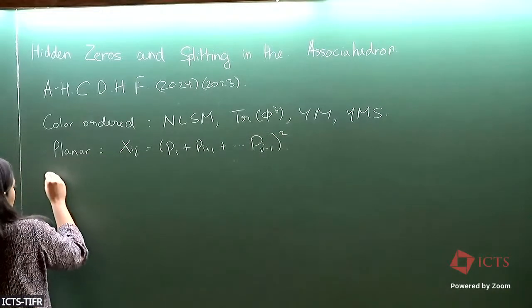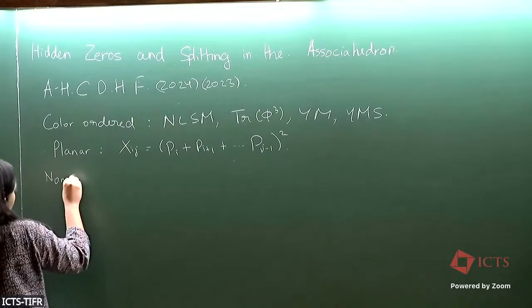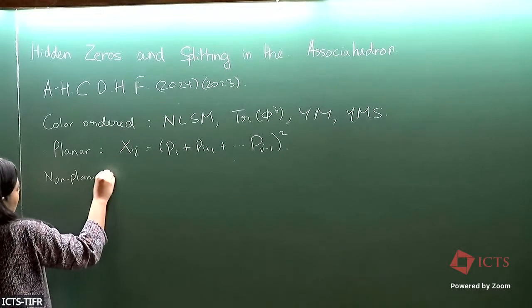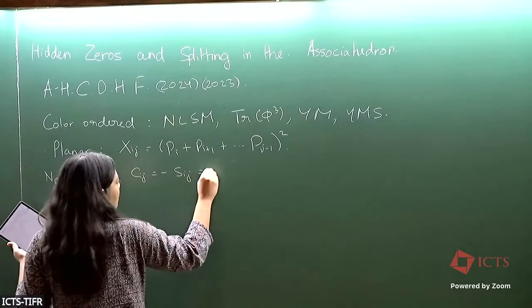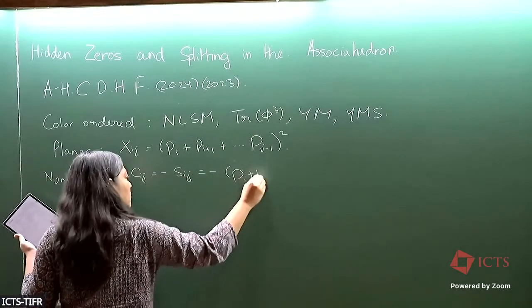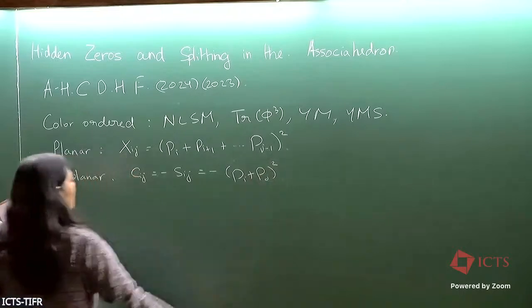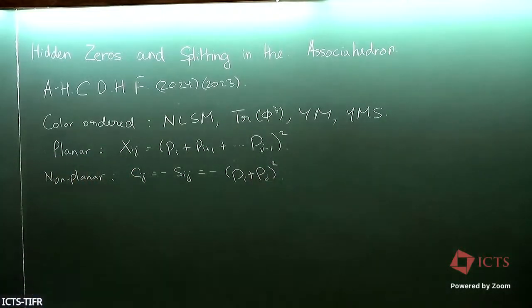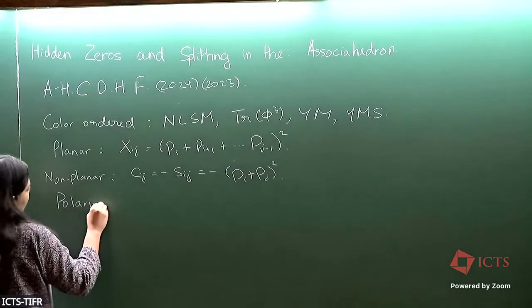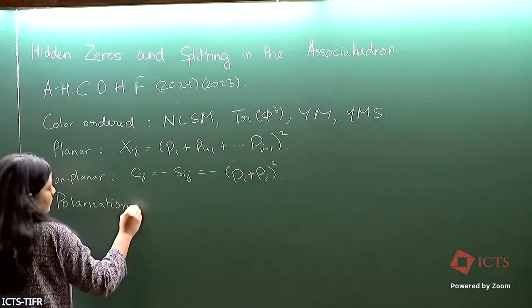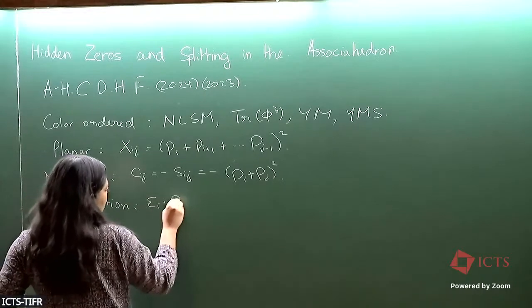And then non-planar variables. And if you have a spinning theory, you also have some polarization information, which will come in terms of these Lorentz invariants.